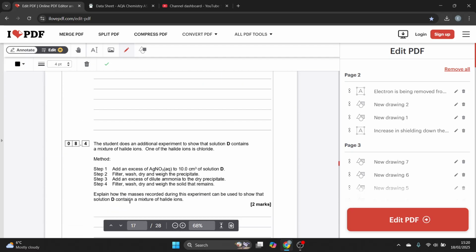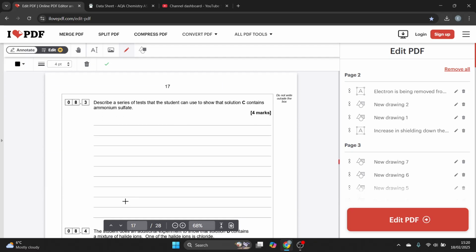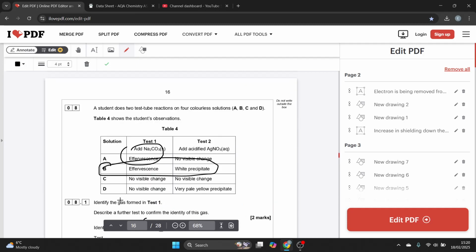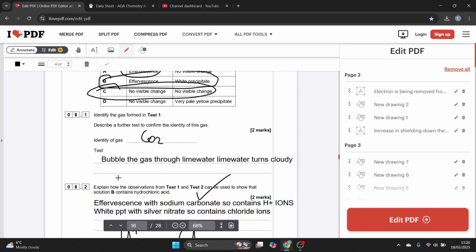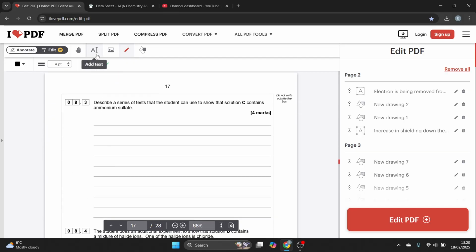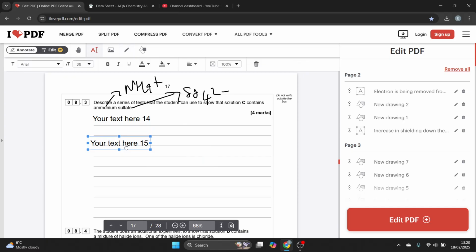Describe a series of tests the student could use to show that solution C contains ammonium sulfate. Solution C, ammonium sulfate. So what is ammonium sulfate? I've got ammonium ions, NH4 plus, and sulfate ions, SO4 2 minus. So I'm basically doing two tests to show that I've got that. That's all I'm doing.